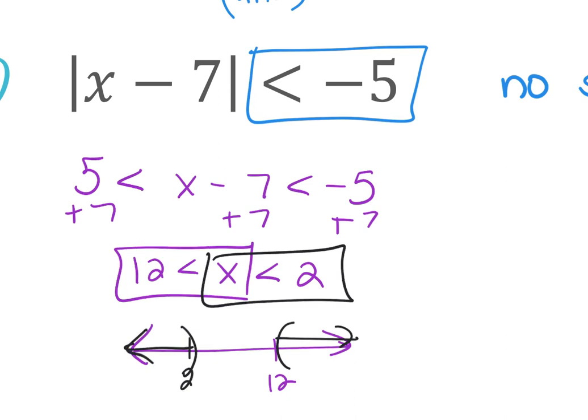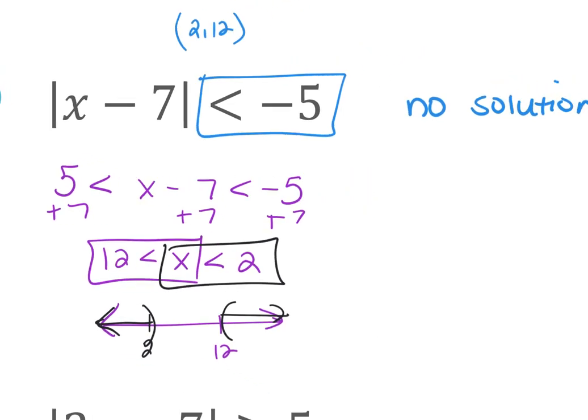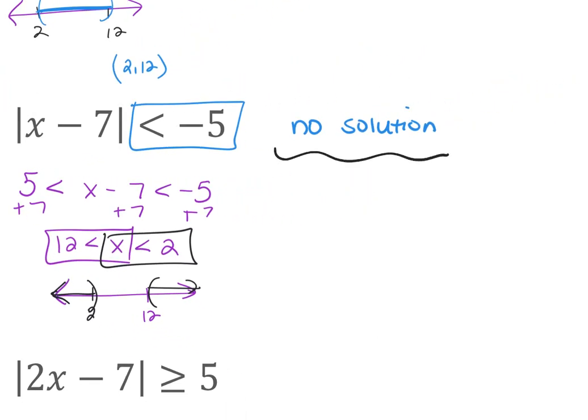And there is no overlap. With an and statement, you have to have overlap. So there's two ways to catch that. One, save yourself some time: in the beginning, absolute value cannot be less than 0. So if it's less than a negative, that would be less than 0. Or go through the steps of the work, look for your and overlap, and it doesn't happen.